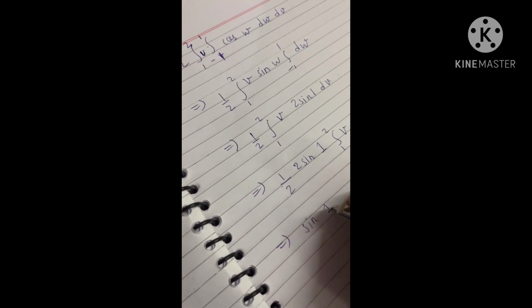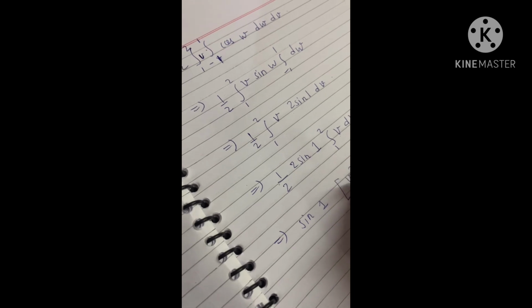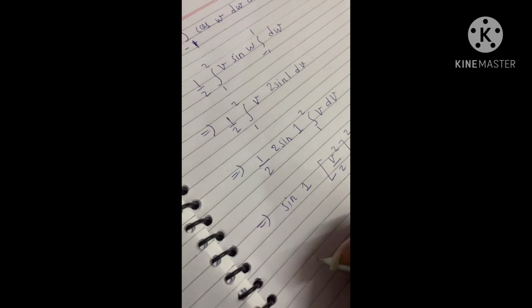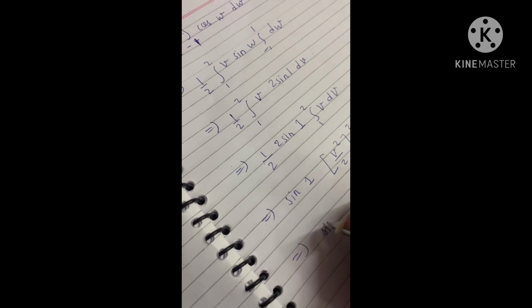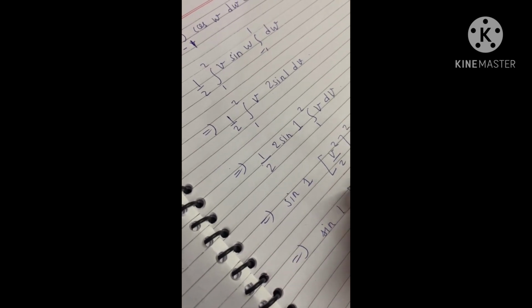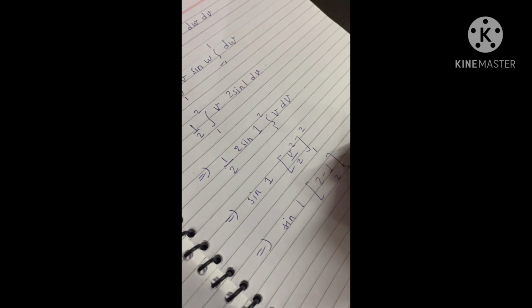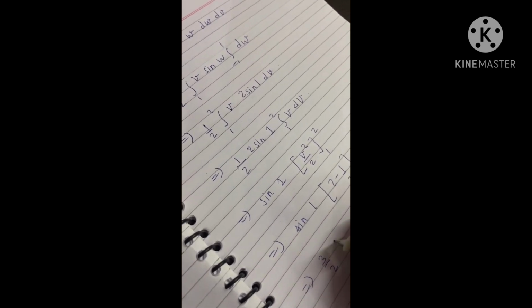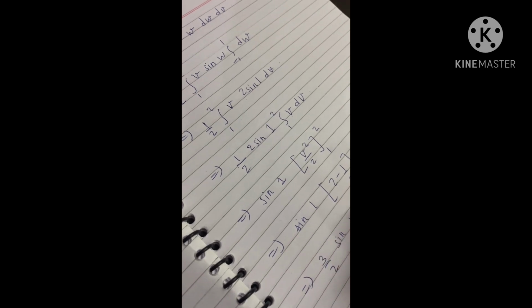So it will be sine 1 times the integral of v square by 2 from 1 to 2, and that will turn out to be 3 by 2 sine 1, which is the answer.